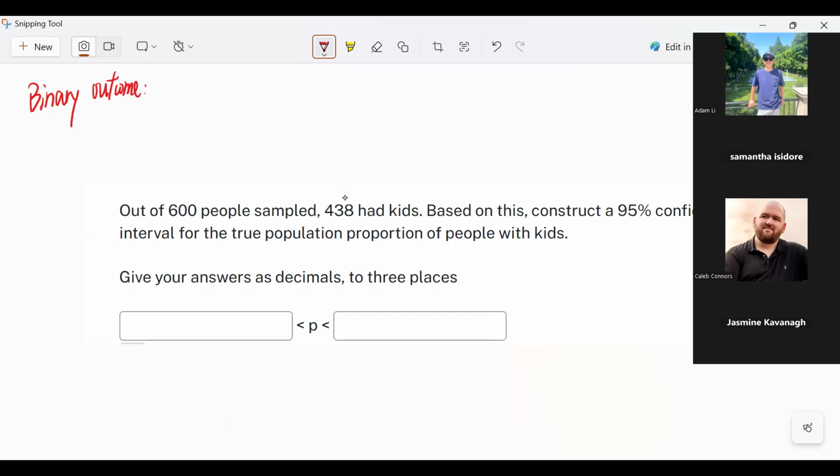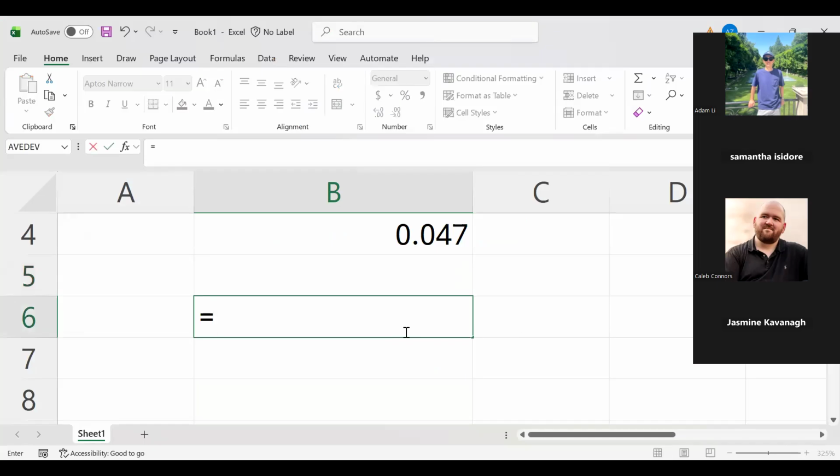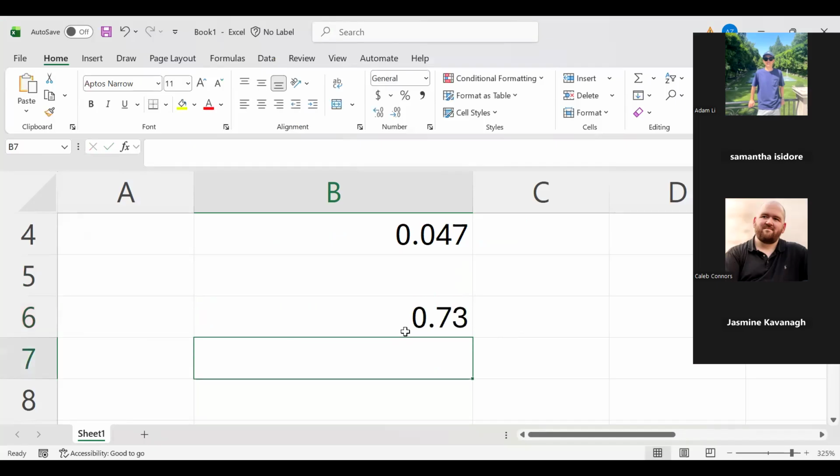We get the number of successes of 438, out of 600 people, so p-hat is x over n, the number of successes over the sample size. That's 438 over 600, which is 0.73.